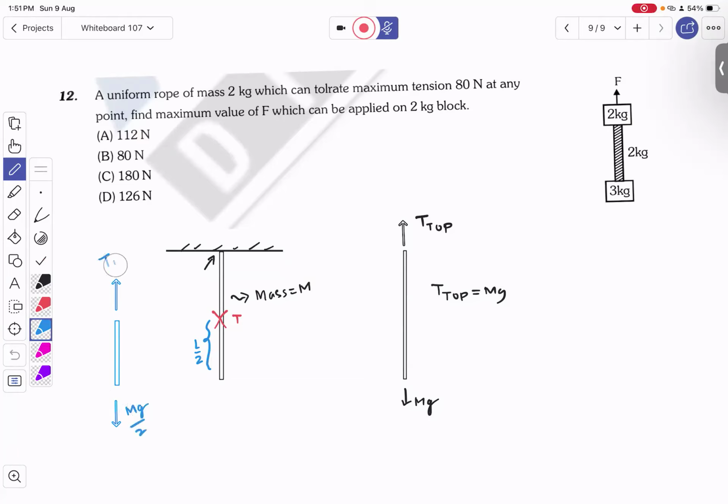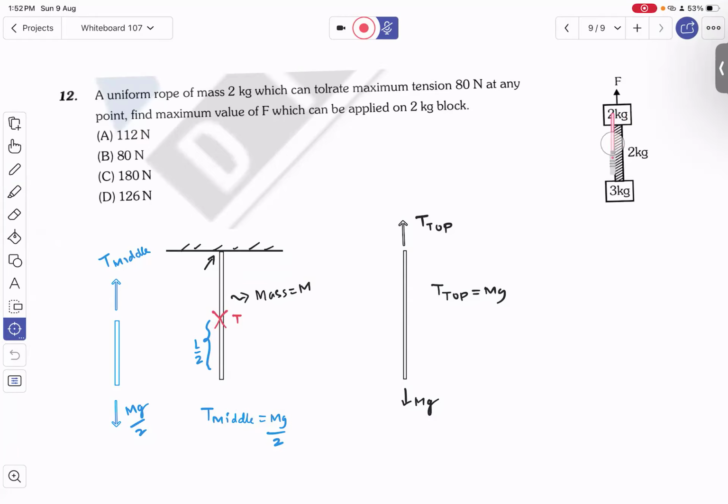So the tension in the middle is going to be mg by 2, because what the tension is doing is balancing half the weight of the rope. Tension at the top is balancing the full weight of the rope. So as we move more upwards, the tension becomes more and more, or not?